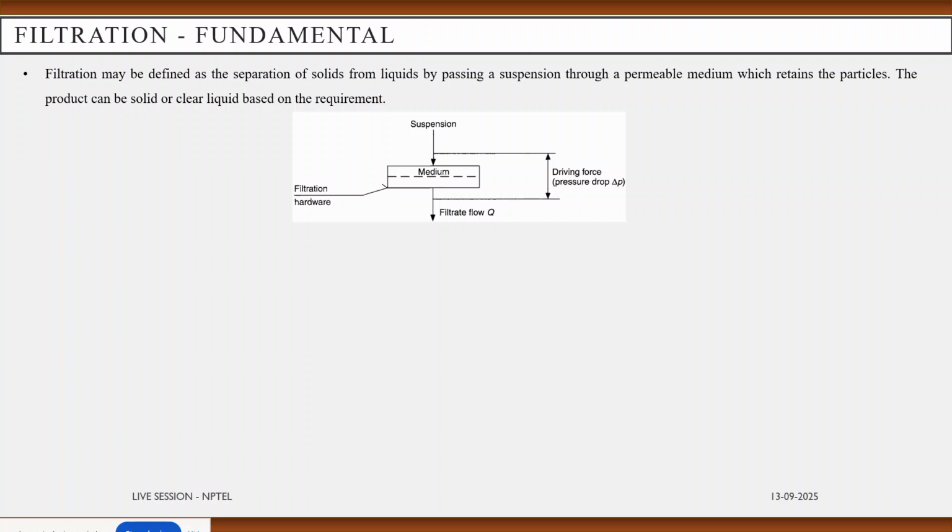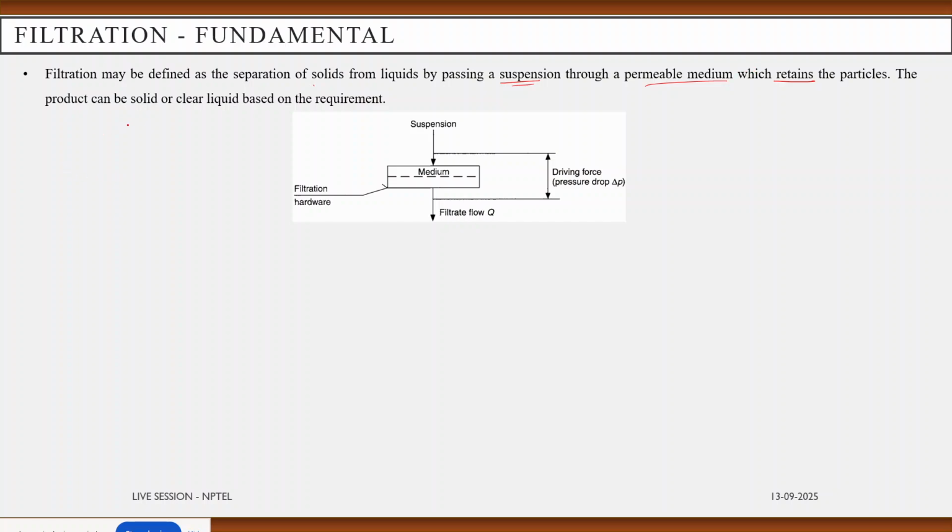So we will discuss at first the fundamentals of the filtration process. Filtration is defined as the separation of solid and liquid. We are separating solids from liquid by passing a suspension of solid in a liquid through a permeable medium which retains the solid particles.